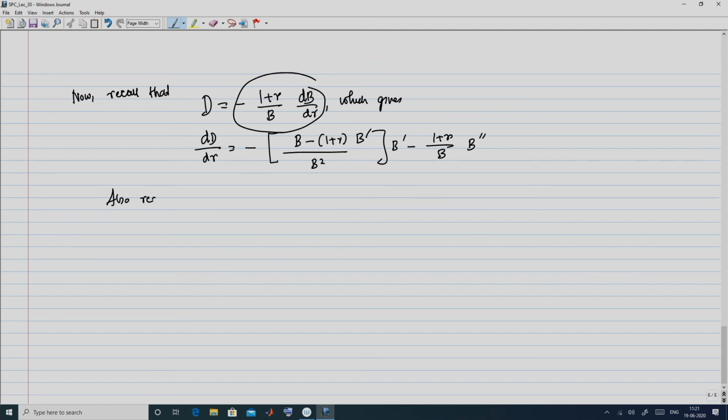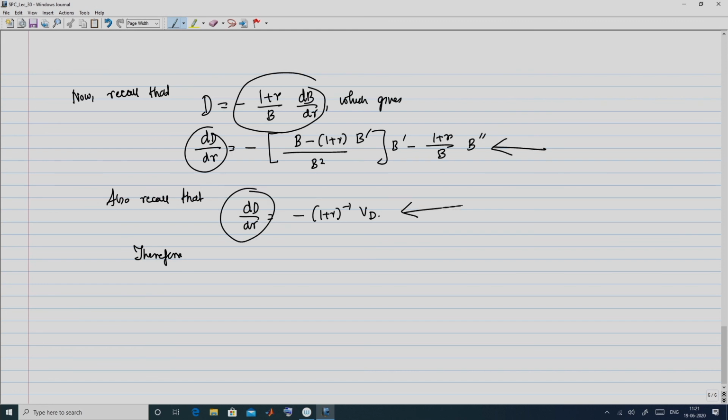Also, you recall another form of this dD/dr, which was given by dD/dr equal to minus (1 plus r) inverse into (V minus D). So, therefore, what do we have? We can equate both these expressions for dD/dr, let me call them 1 and 2.